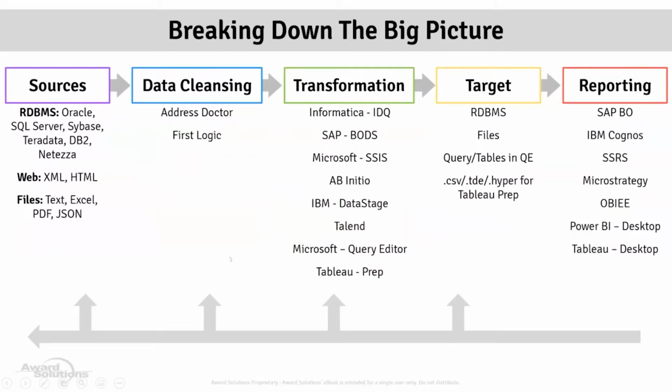This is an example of a number of tools we might use for the sake of doing each of these individual steps. So we need to get the data from different sources.